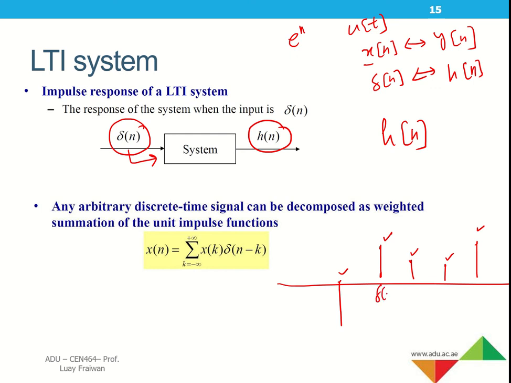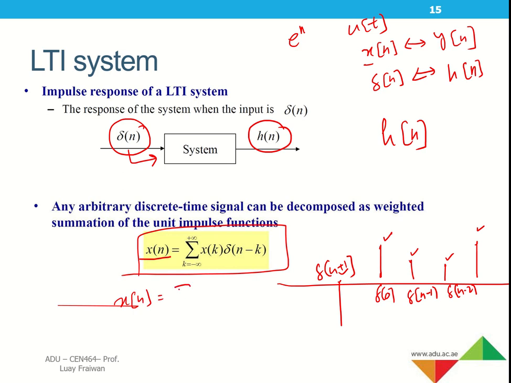For example, this is the impulse at 0, this is the impulse at 1, this is the impulse at 2, this is the impulse at 1. If we add all of these impulses, we can represent our original signal. This is a very important expression: any signal can be represented as a summation of impulse signals, from minus infinity to infinity or whatever range we have.